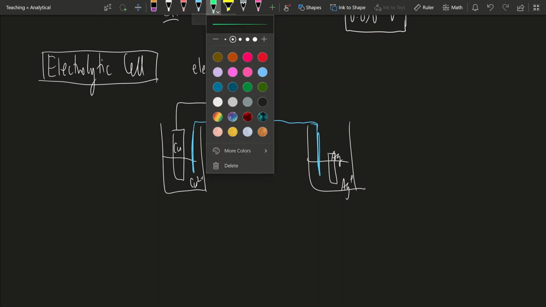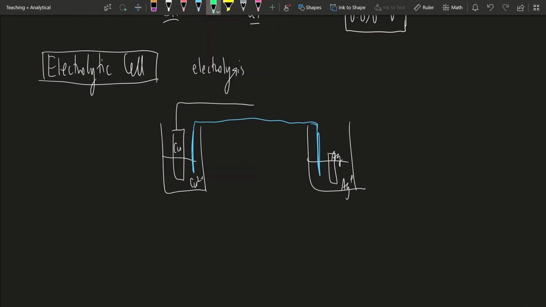I will use green to draw the battery. This is going to be the external voltage, and its magnitude must be higher than the standard cell potential from the galvanic cell, which means this has to be higher than 0.46 volt in order to flip the reaction to the electrolysis that we want, right?